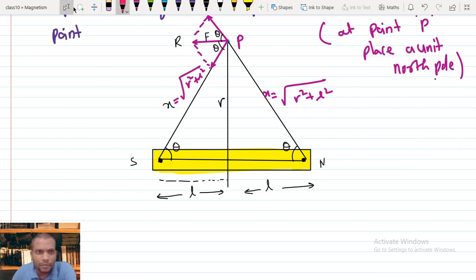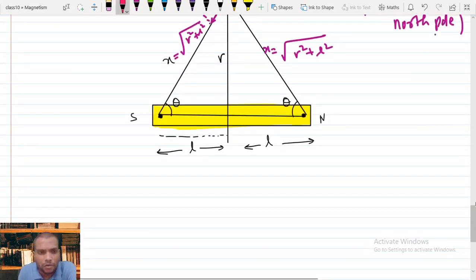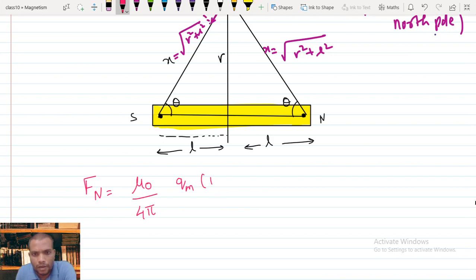Now to find the magnitude of the force, we need to write the expression for force due to the north pole equal to mu naught upon 4 pi times Qm, if Qm is the magnetic pole strength of the north pole of the bar magnet, and 1 is the unit north pole magnitude, upon the distance here, which I can write as x square. This is from Coulomb's law of magnetism.